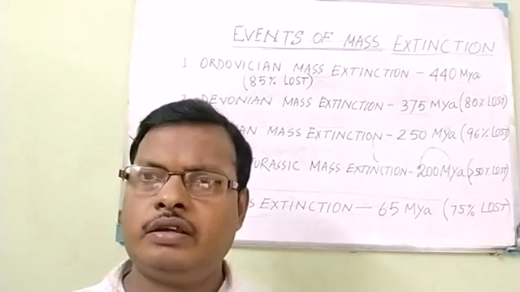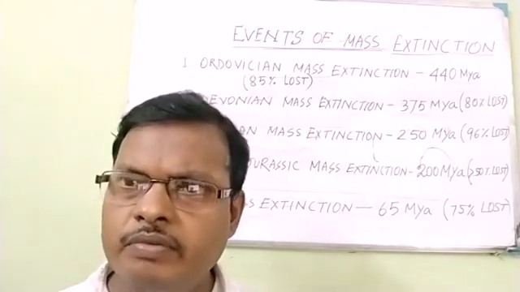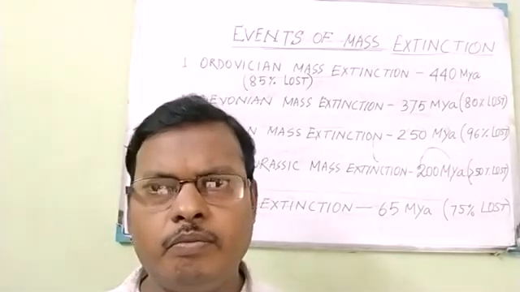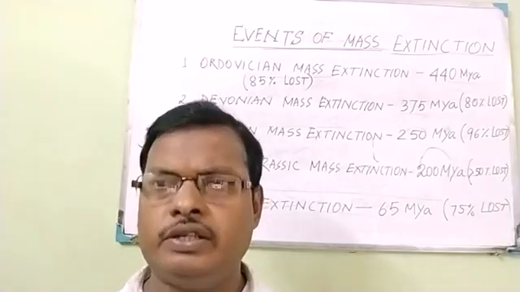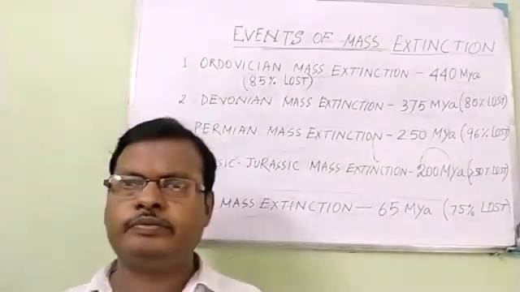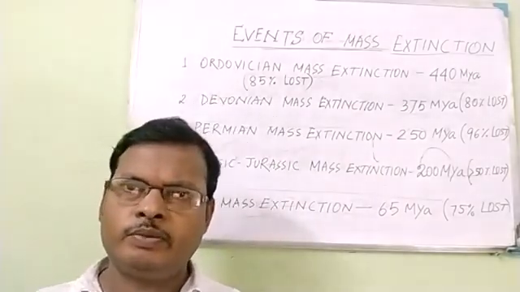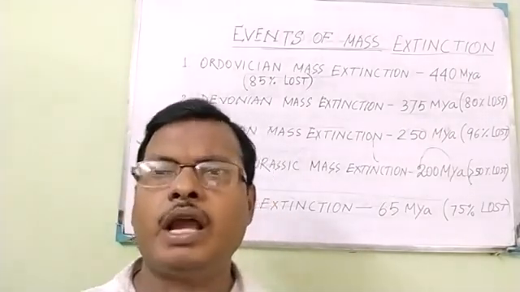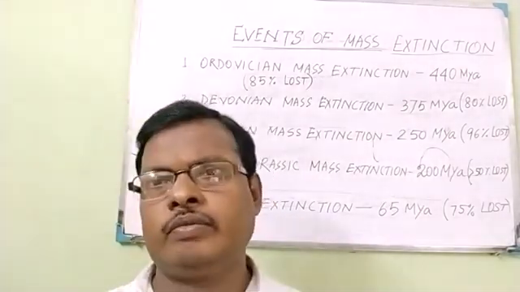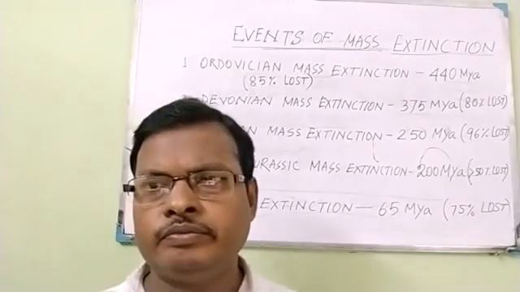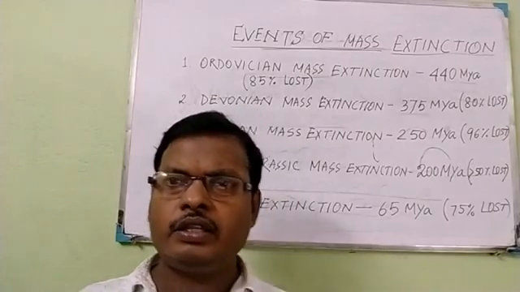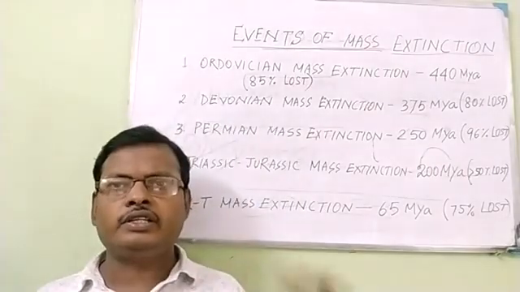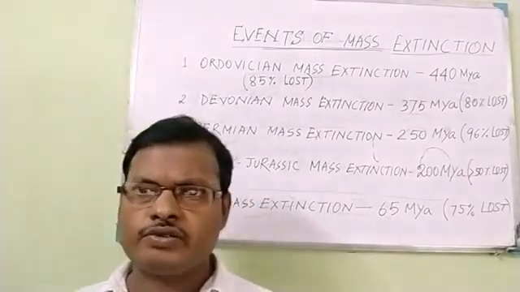When ice caps are formed, sea level falls, and when the ice caps melt down, sea level rises. Therefore, the shifting of habitat of aquatic animals, and the transition elements living in the ecotone of terrestrial and aquatic environment, suffered a lot.